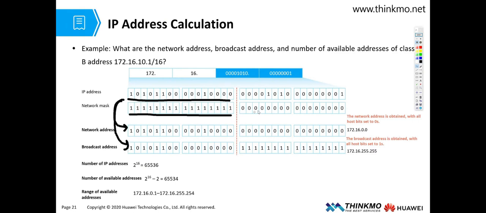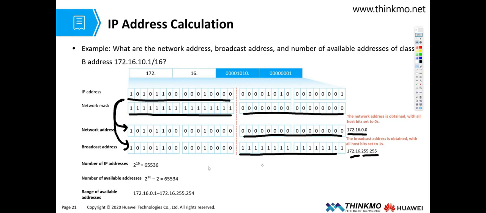As for the host portion, which corresponds to the zeros, if it's our network address, we set all to 0. If we want to calculate our broadcast address, we set all to 1. Finally, we convert it back to decimal to get a result, which equals 172.16.0.0 and 172.16.255.255.